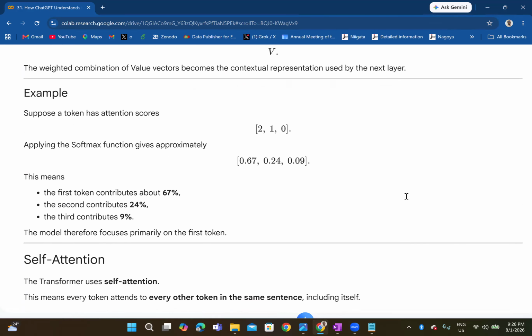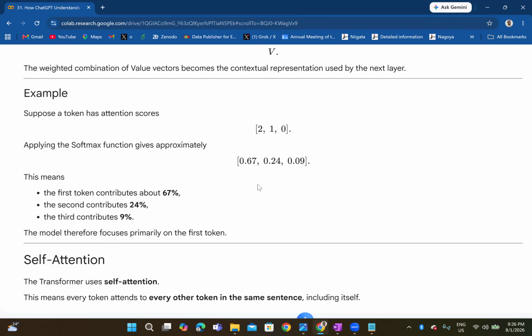Now you have an example. Suppose a token has attention scores 2, 1, 0. Applying the softmax function gives approximately: e to the power 2 over e to the power 2 plus e to the power 1 plus e to the power 0 gives 0.67. e to the power 1 over the same sum gives 0.24, and e to the power 0, which is 1, over the same sum gives 0.09.